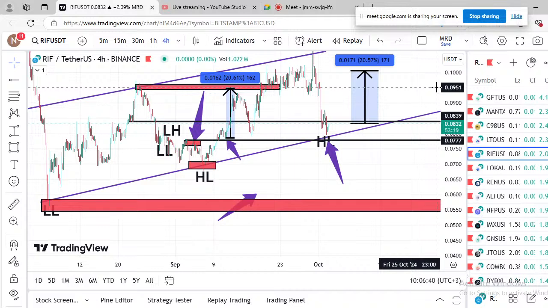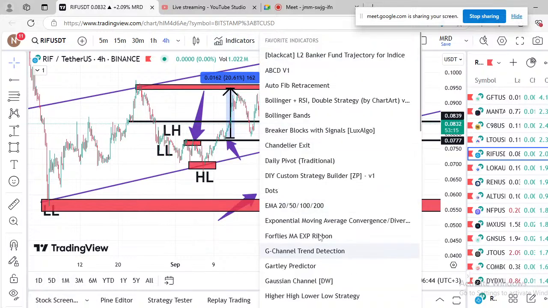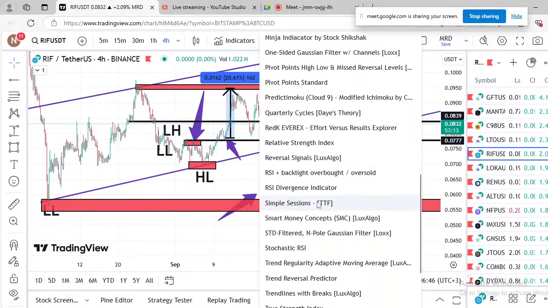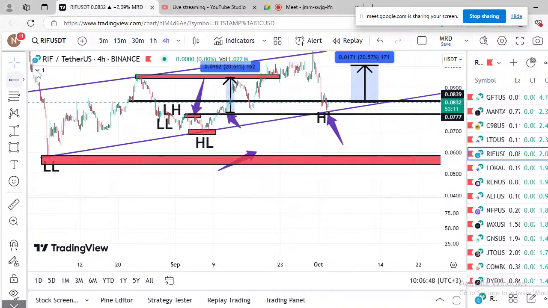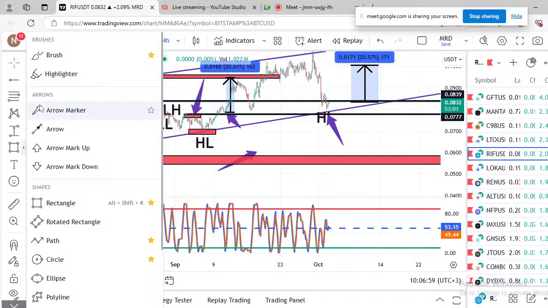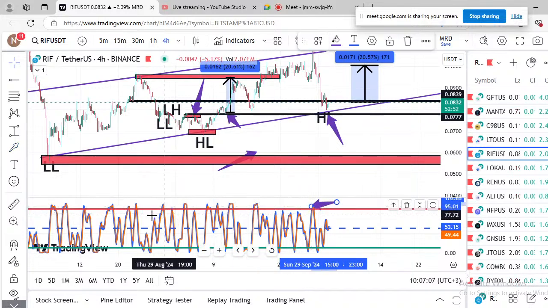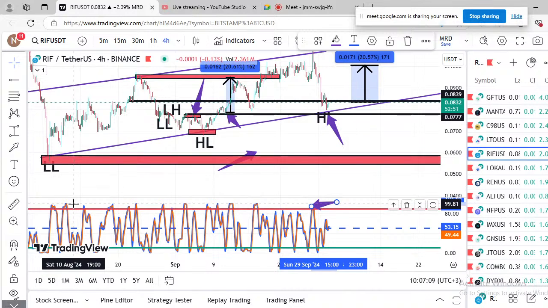That is it. So when we turn back our indicator, our stochastic, we can look at it. What was it saying? When you check it very well, it was showing us that it was in the overbought region.